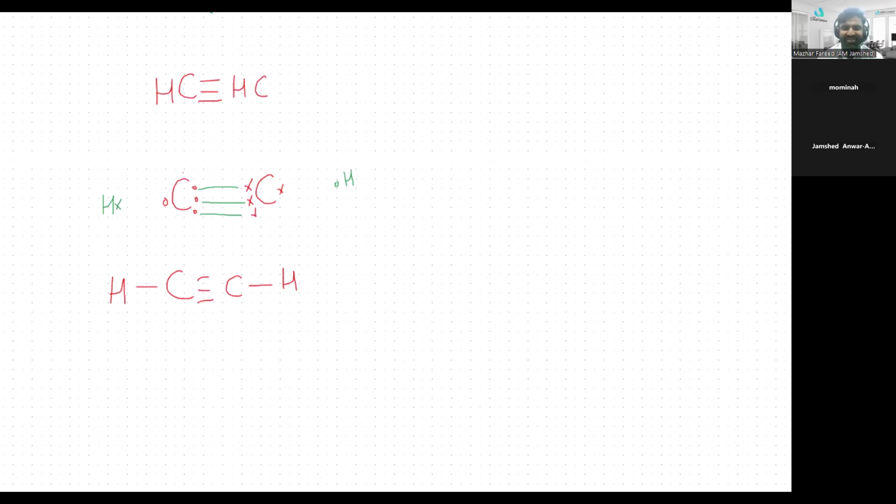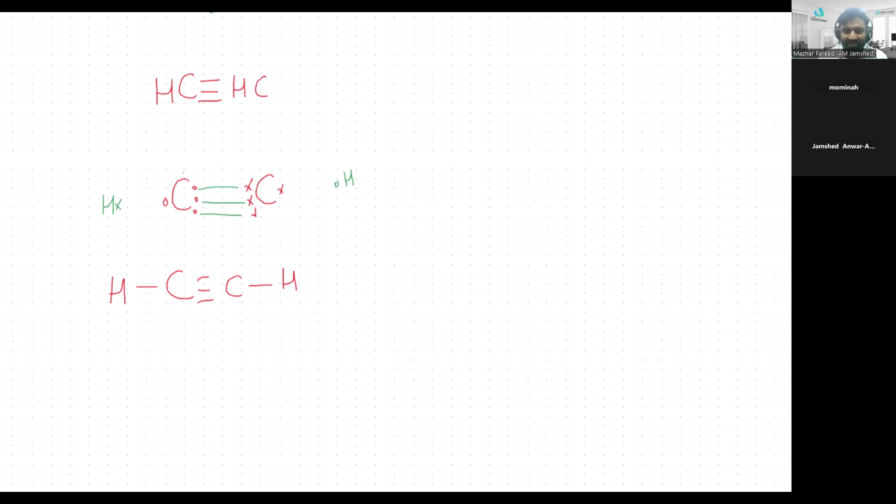Can you tell me the number of electrons that are involved in the formation of bonding? 10. It means two electrons are needed to make one bond. So there are 10 electrons, which means there must be 5 bonds.